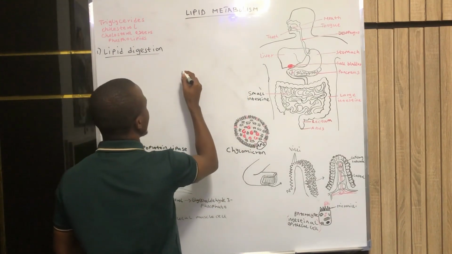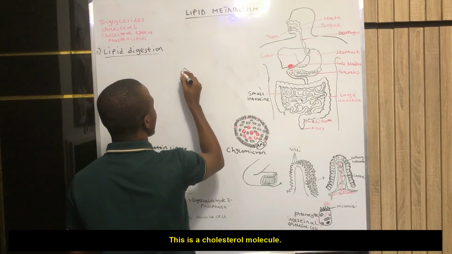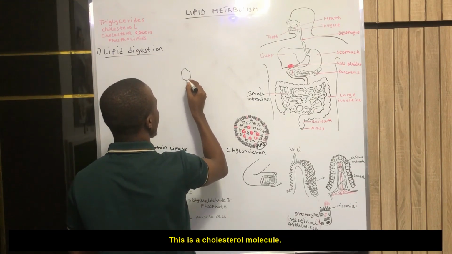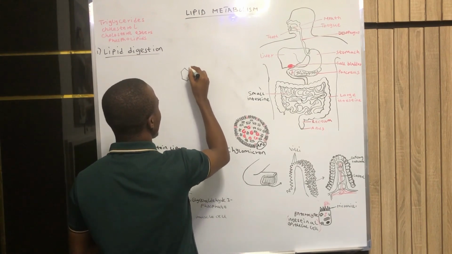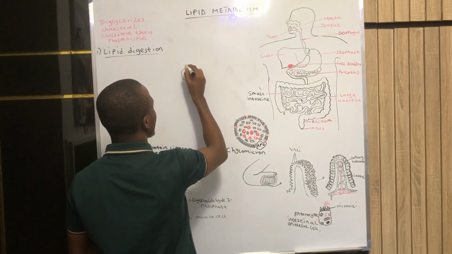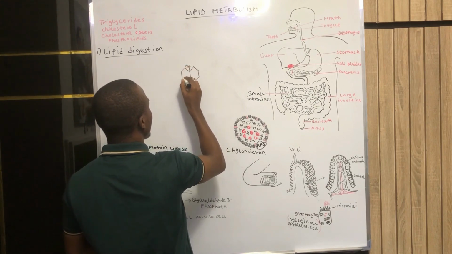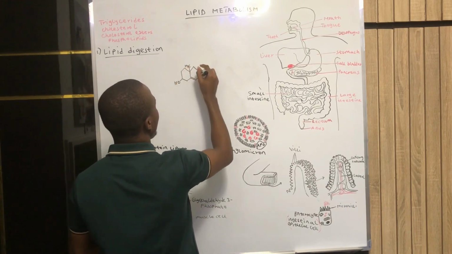Now for cholesterol esterase, let's say this is a cholesterol molecule. So you have these points. You have an OH group here.